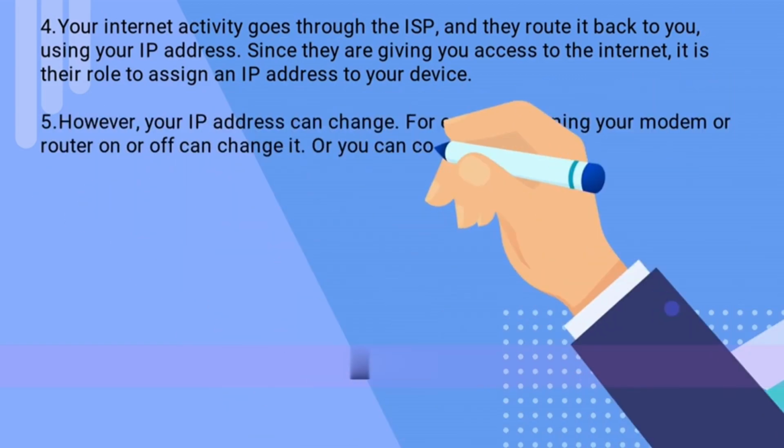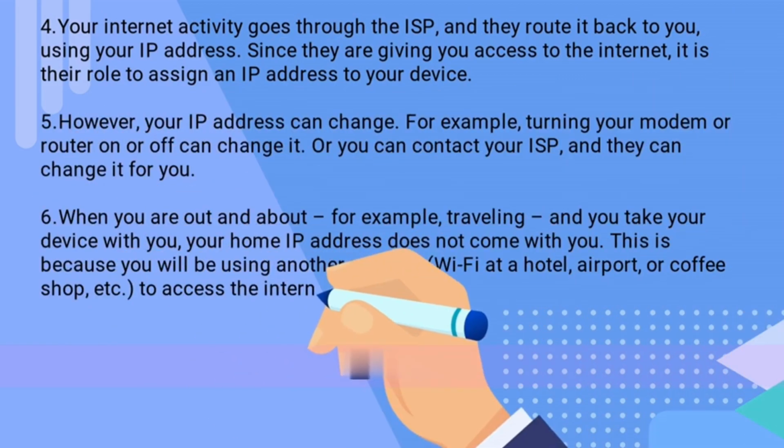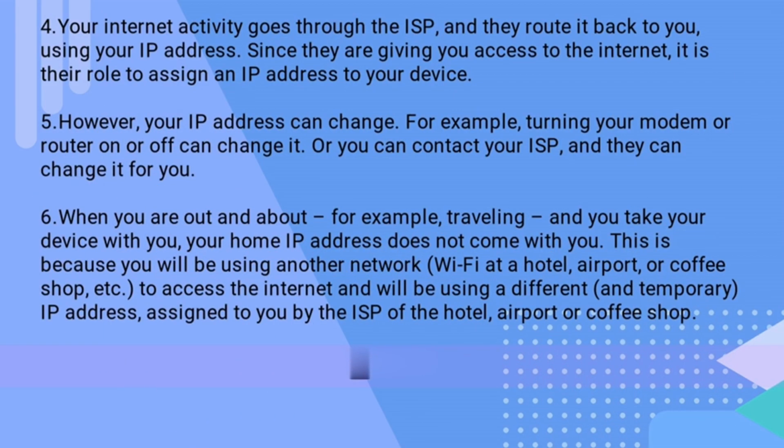At work, it will be your company network. Your IP address is assigned to your device by your ISP. Your internet activities go through the ISP and are then routed back to you using your IP address. Since they are giving you access to the internet, it is their role to assign an IP address to your device.